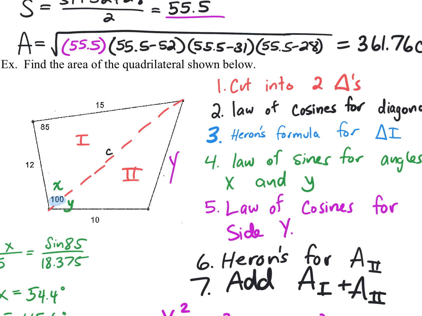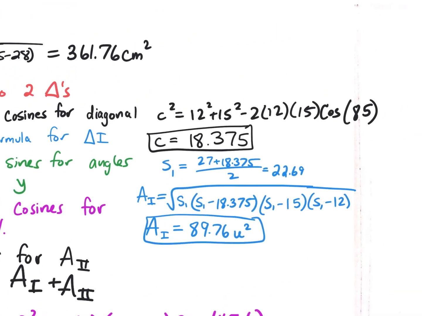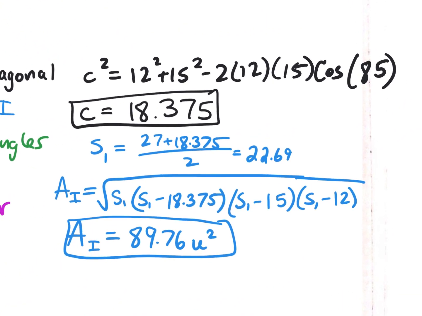And I know from Heron's formula, if I have all three sides of a triangle, I can find their area. So that's what I did here in blue. I started by finding S, the sum of all three sides in that first triangle. I'm using subscripts here just to keep things organized. So this I'm referring to triangle 1 of the two that I created.